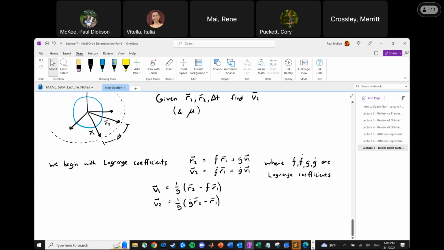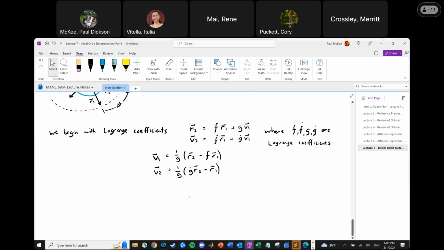Okay, but remember R2 is F R1 plus G V1, right? So we're going to use R1 and R2 to try to build V2. So far so good. The problem then is that we need the Lagrange coefficients. All right, so now things are going to take a bit of a left turn.